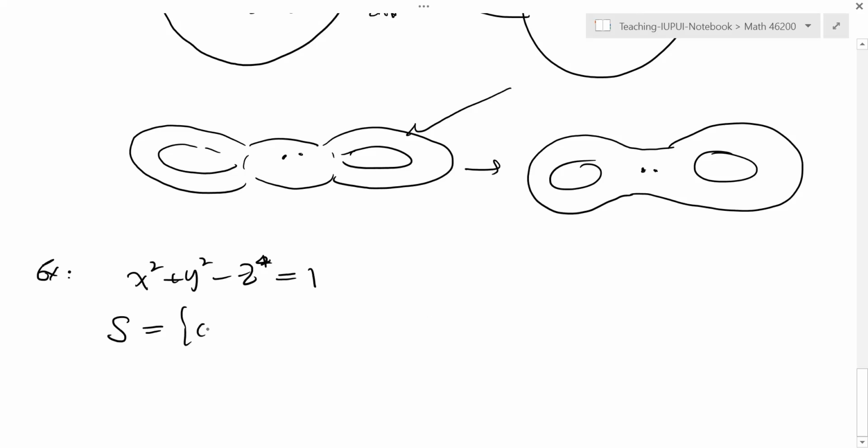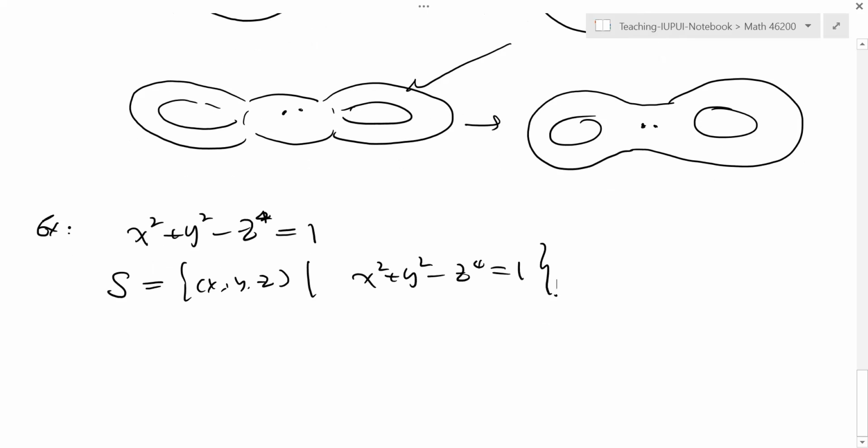A level surface is defined by this equation. You want to make sure this is defined for every x, y, so I'm going to put the negative sign here.